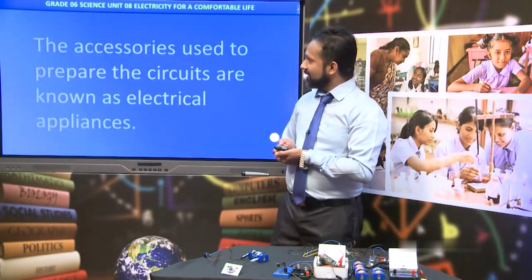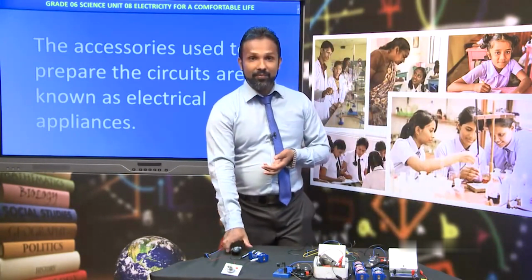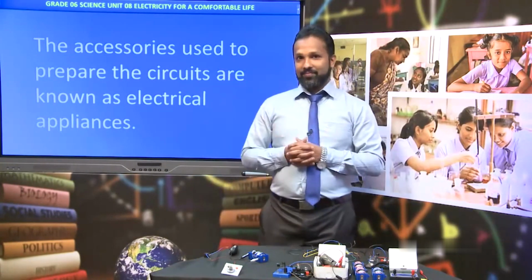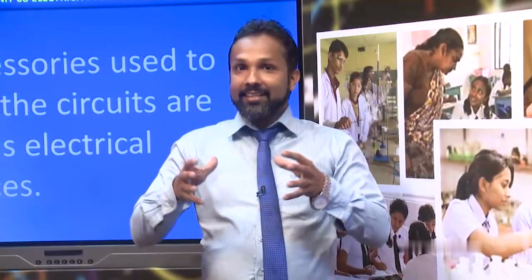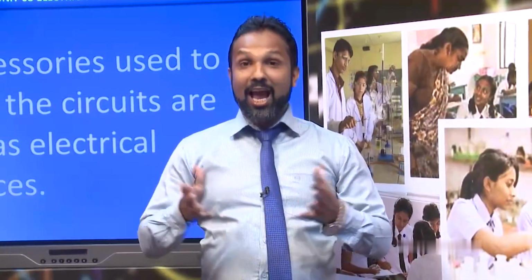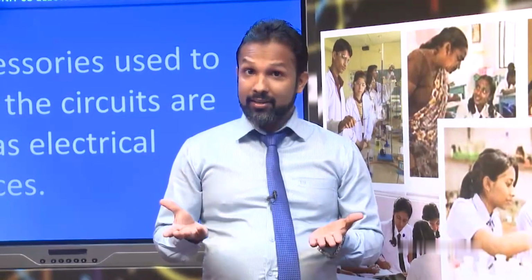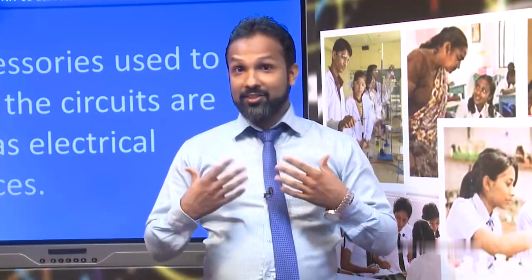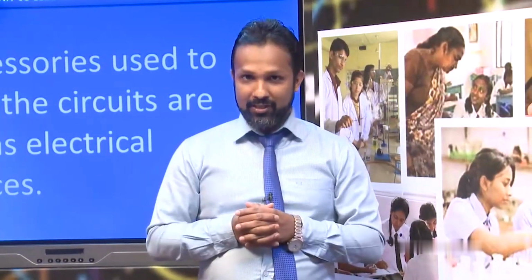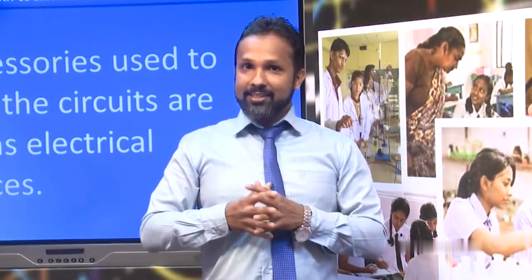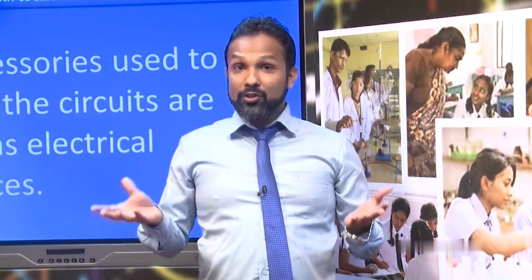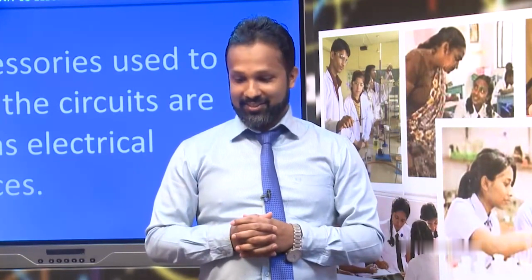Now, my dear children, you can understand that when arranging these circuits, we have to use various accessories. We used connecting wires, a bulb, a dry cell, a switch. How do we call these accessories that we use when making circuits?